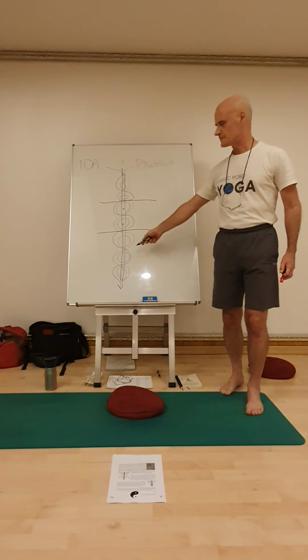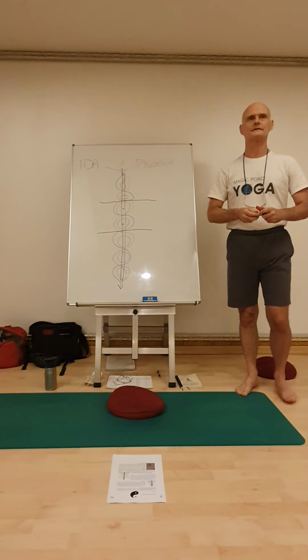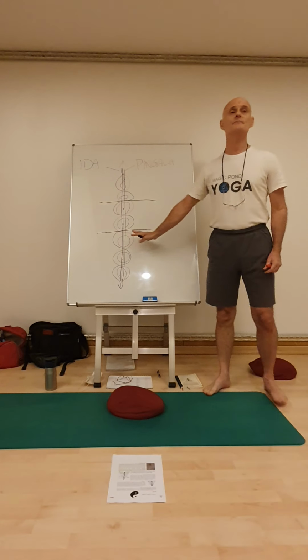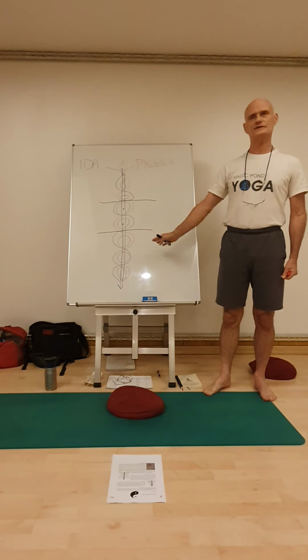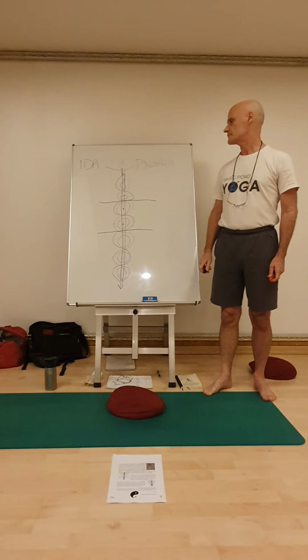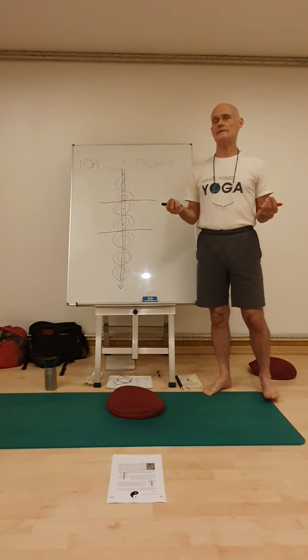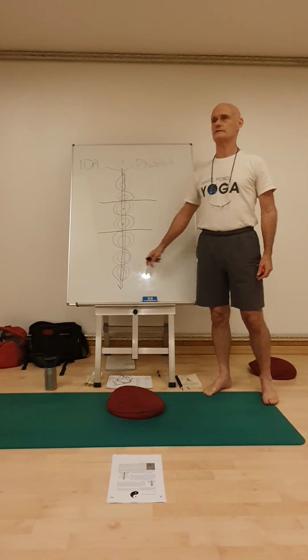The three chakras below the diaphragm, I mentioned them already, earth, water and fire. The lower emotions and desires, which we will talk about starting from next week. Lower emotions and desires. Our deepest animal instincts are located here.